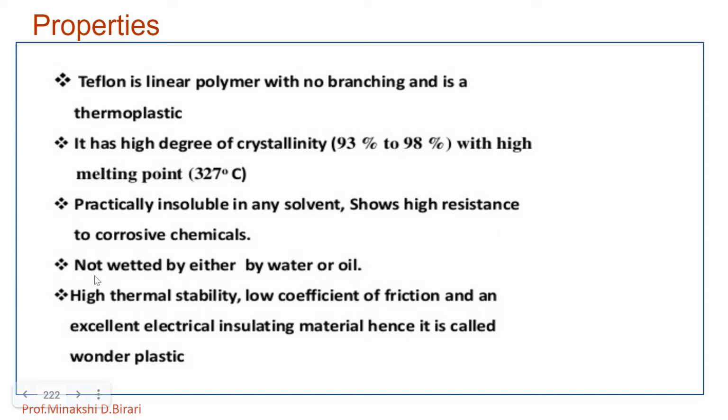It is not wetted by either water or oil. Also it has high thermal stability, low coefficient of friction and is an excellent electrical insulating material. Hence, it is also called wonder plastic. We should remember Teflon or PTFE is also called wonder plastic because it is an excellent electrical insulating material.